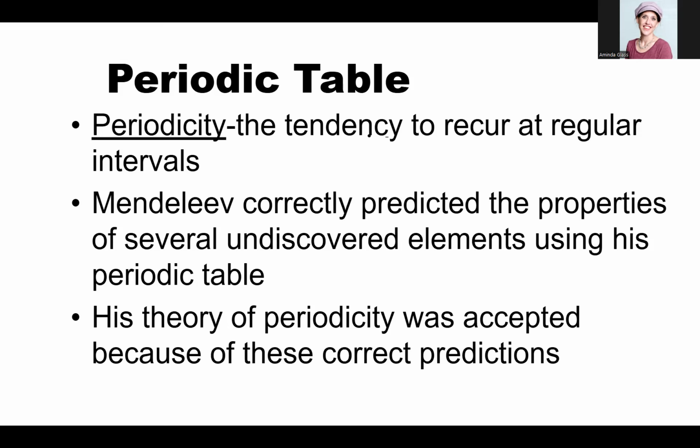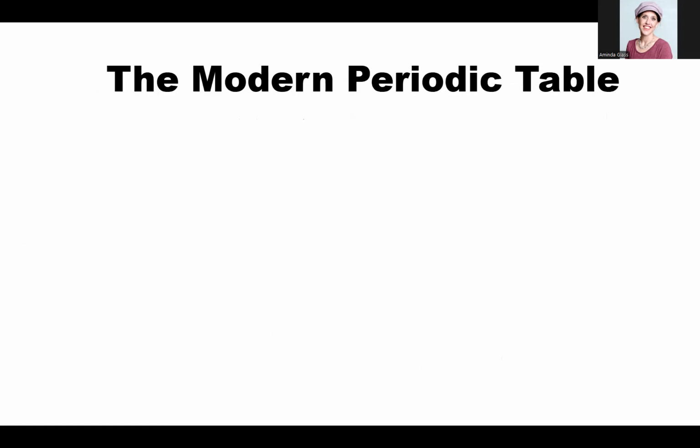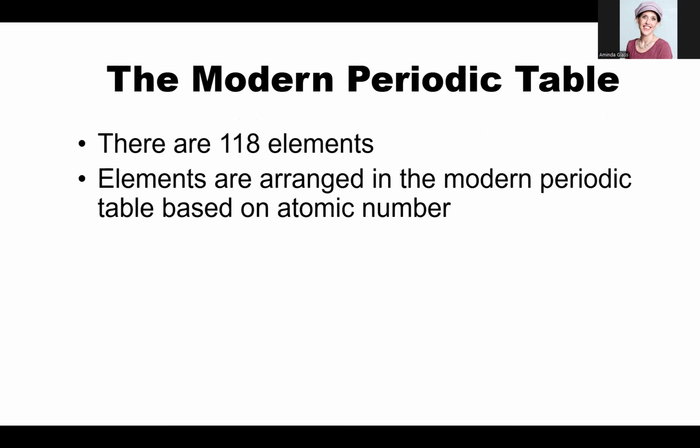He left gaps in his periodic table and said, we haven't found these elements yet, but when we do, they're going to have densities like this, boiling points like this, melting points like this, and masses approximately like this. And people thought he was a little crazy, but whenever they discovered those elements, they realized that he was actually correct.